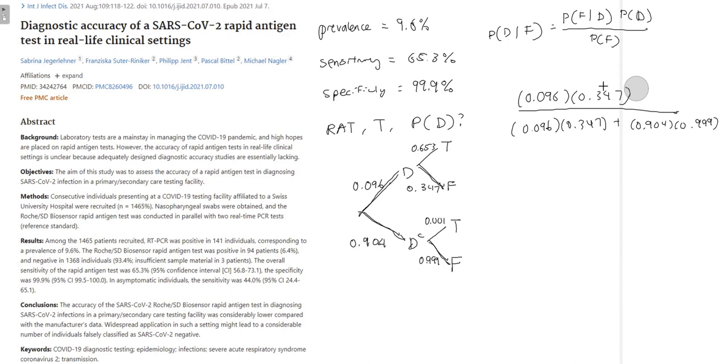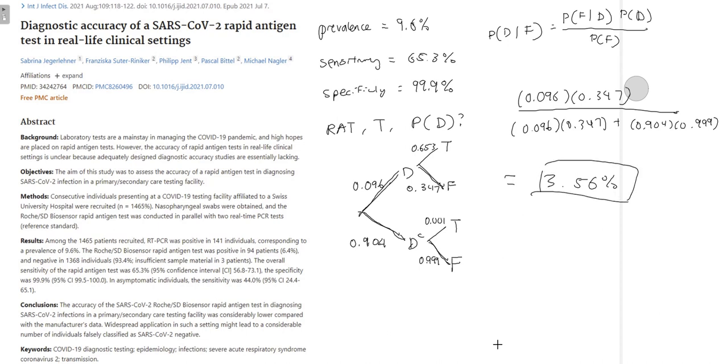This should just be 1 minus whatever we got previously. That is equal to 3.56%. So yeah, it's just 1 minus what we got previously.